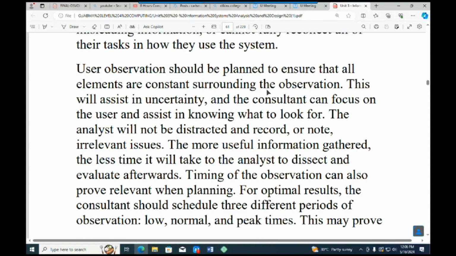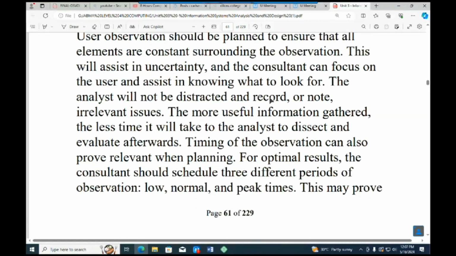Now, at times, the analyst might be distracted here and record or note some irrelevant issues. So it is very important to be careful here. You gather the more important or more useful information in the less time that it is going to take you as the analyst to dissect and evaluate afterwards.